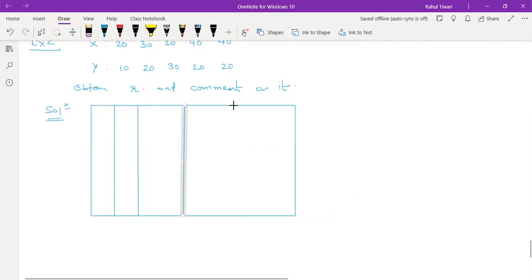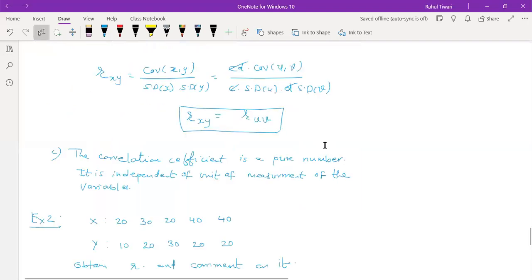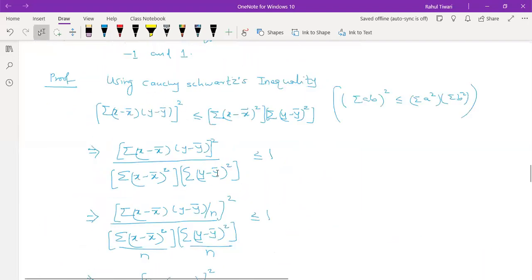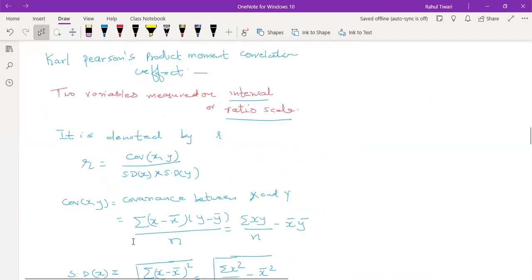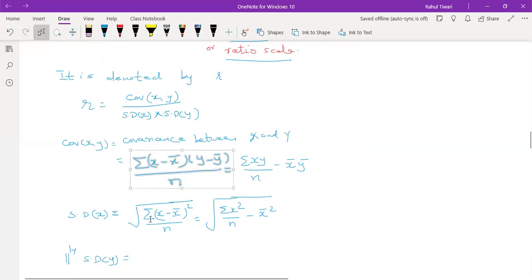It depends on the problem which formula you are using. If you use this formula, you have to create X minus X bar, Y minus Y bar, and the multiplication of those. That makes 3. Then standard deviation of X is 1, standard deviation of Y is 2. So total 5 columns you have to create for this data, if you are using this formula.